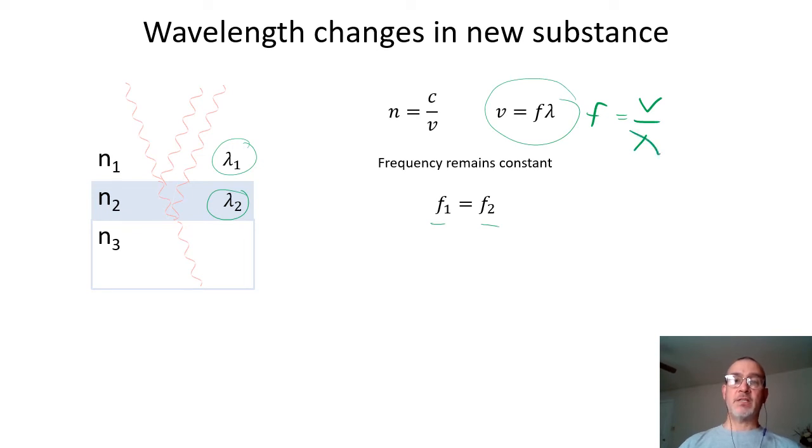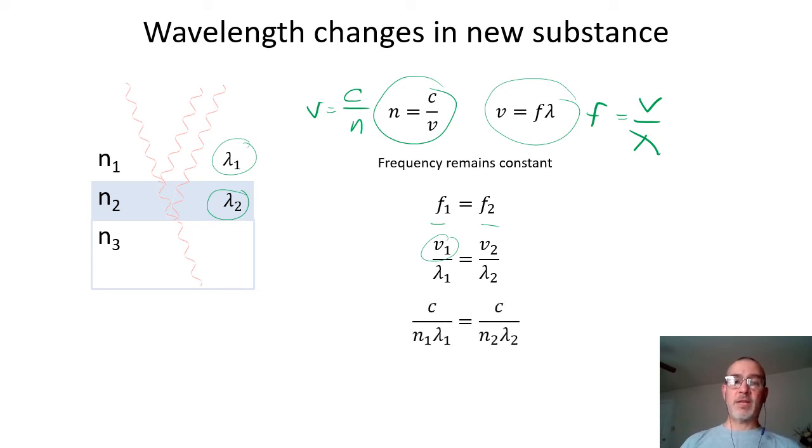And so I can replace the frequency with the speed over the wavelength. So I get v1 over lambda 1 equals v2 over lambda 2. Now we can take this second equation, and if n is c over v, then I know that v is going to be c divided by n. So now I can replace the velocities with c divided by n1 or n2.